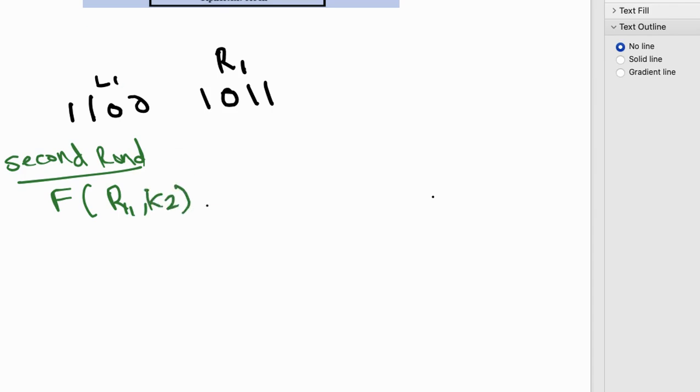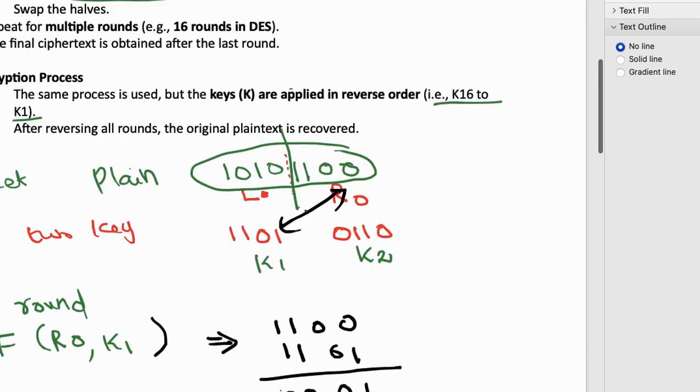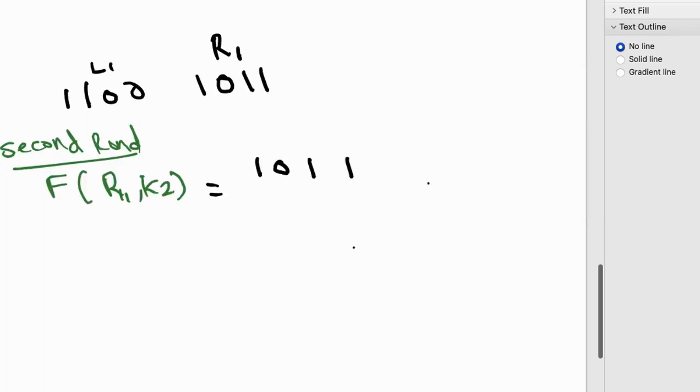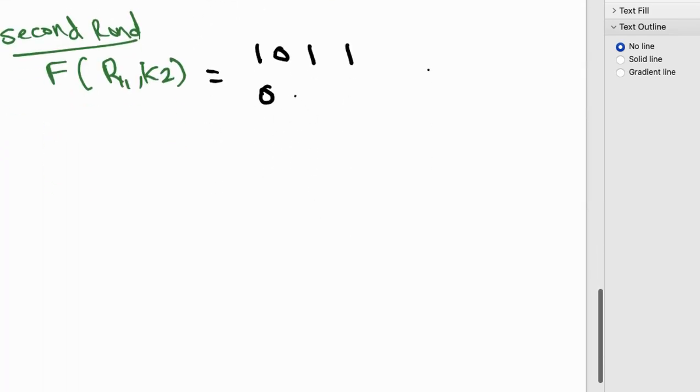R1 is 1 0 1 1, and K2, the second key, is 0 1 1 0. So we apply the XOR: 1 XOR 0 is 1, 0 XOR 1 is 1, 1 XOR 1 is 0, and 1 XOR 0 is 1.